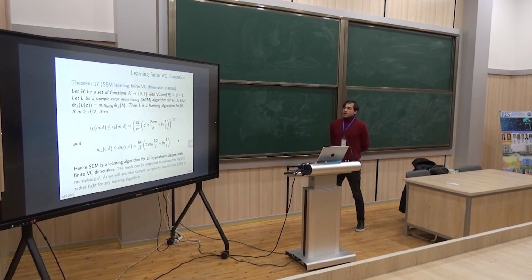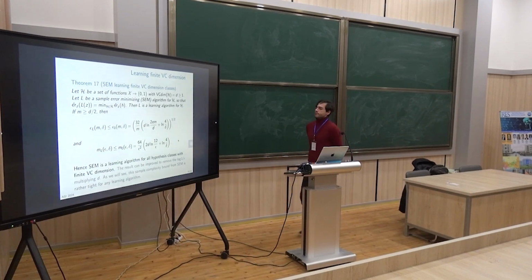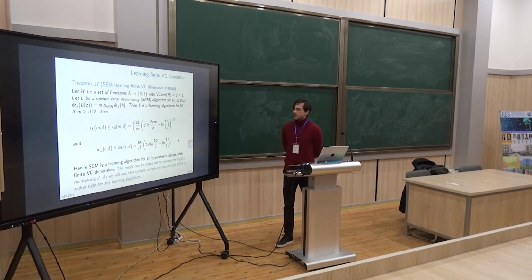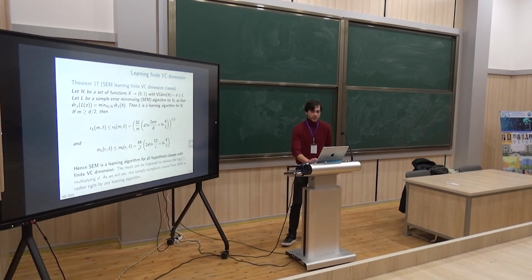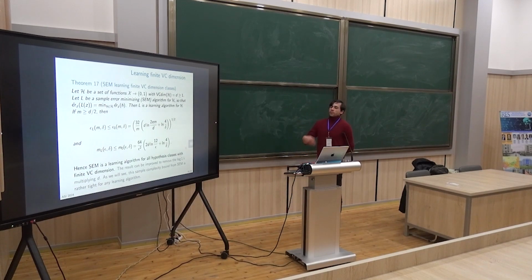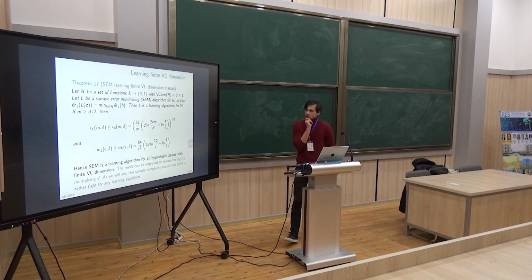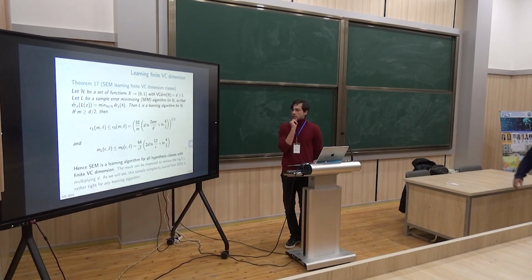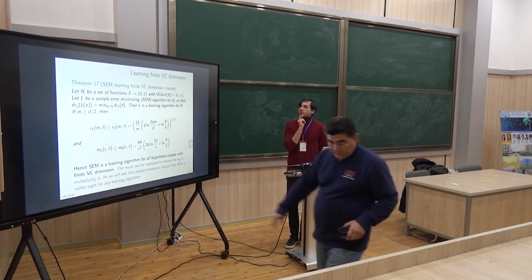This particular statement that I put in here can be improved a little bit. One can remove some of the factors that appear in here. In particular, this one here is log 1/epsilon. One can remove that. And now I want to continue and discuss how this upper bound is sort of optimal.